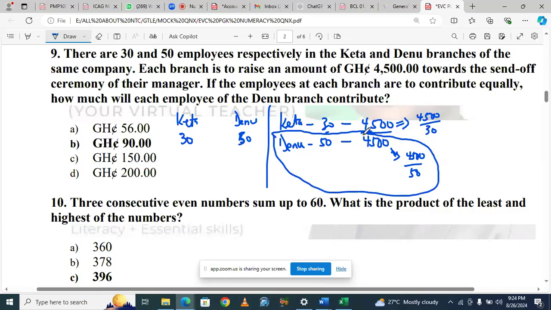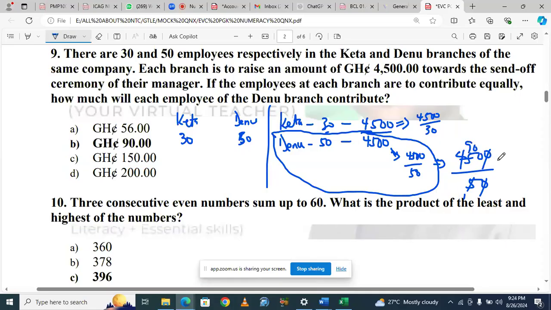Now, Denu, as you're saying, 4,500 over what? 50. So, 4,500 over 50. Someone will say 0 cancel 0, right? Yeah. Now, 5 into 45 is 9.